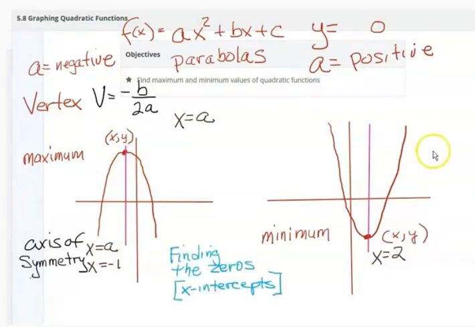Another item of vocabulary that we'll be using is finding the zeros. We want you to write this down. And in a sense, we're asking to find the x-intercepts. Now, we've done this in previous sections, where we solve this equation with y equals 0. Now remember, our ordered pair at the origin is 0, 0.